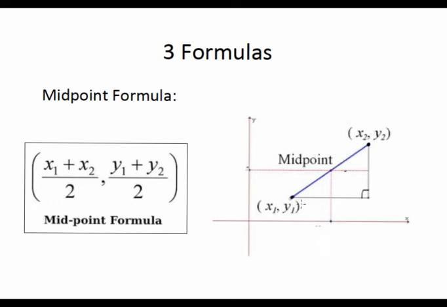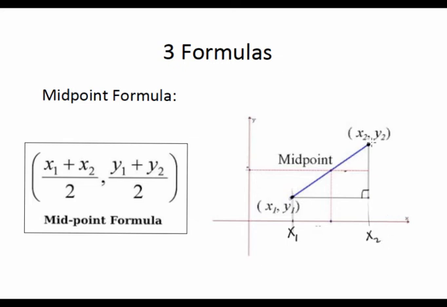Let's take a look at the, say, x values first. If we drop down that vertical, then this x value right here is x1. And this point right here, if we drop that vertical and just continue all the way down lightly, is going to be x2.